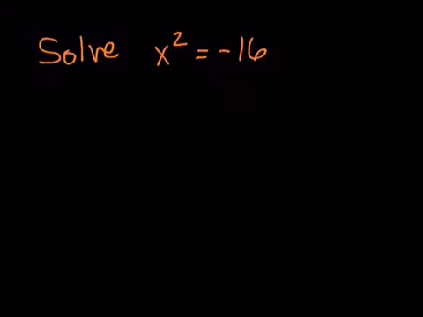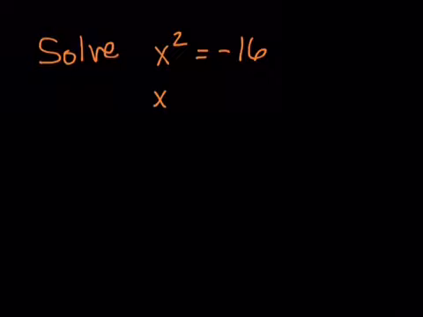We can look at the connection again to the parabola that goes along with an equation like this, x squared equals negative 16. To solve this, what number squared gives negative 16? And we're saying there's no such real number.